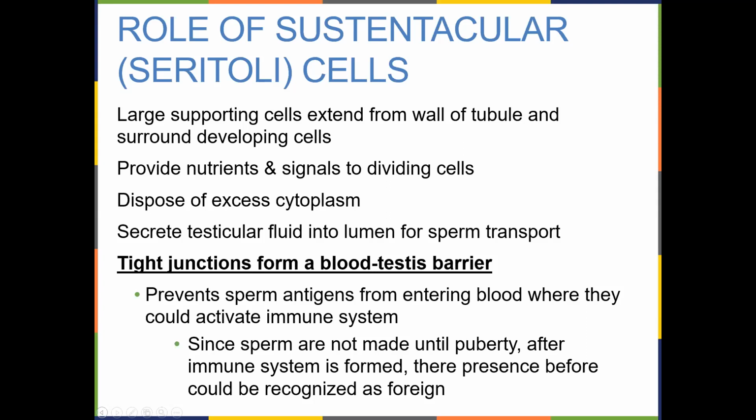They form a barrier, a tight junction barrier around the seminiferous tubules, because the sperm cells are not recognized by the male's immune system. The male's immune system, just like the female's immune system, was developed in the first year of life.